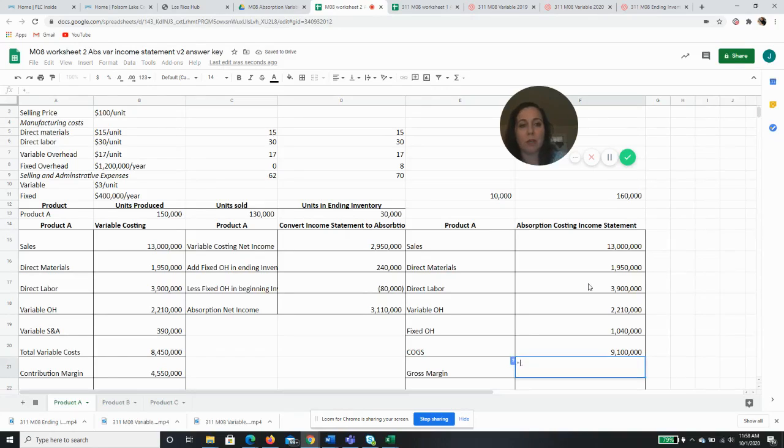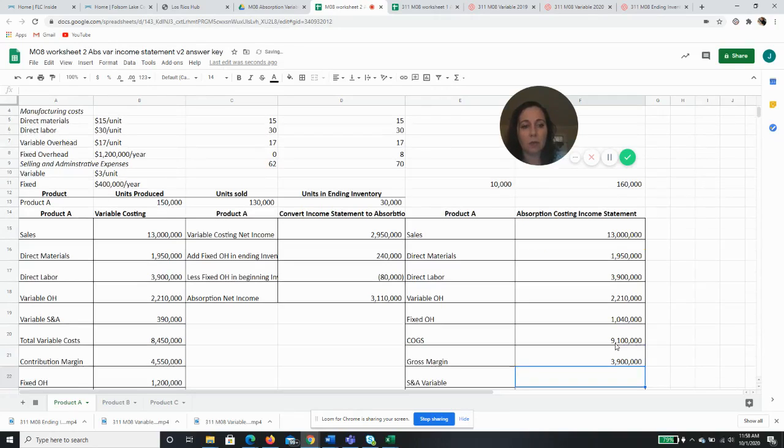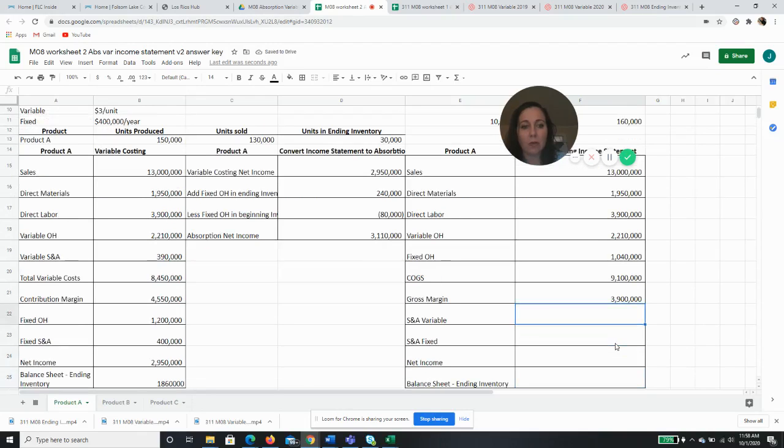To get my gross margin, I'm going to take my sales minus my cost of goods sold and get 3.9 million. And then I'm going to subtract my variable S&A, which was 390,000. And I'm going to subtract my fixed S&A, which is 400,000 a year.